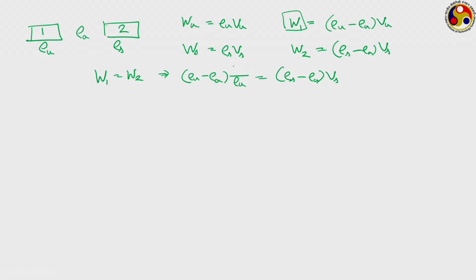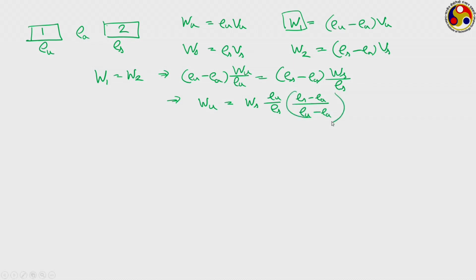So V u becomes W u by rho u. Similarly, V s can be written as W s by rho s. From there the true mass becomes W s by rho u upon rho s into rho s minus rho a divided by rho u minus rho a.